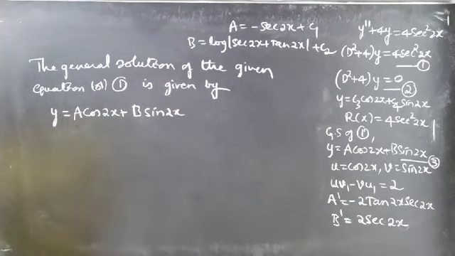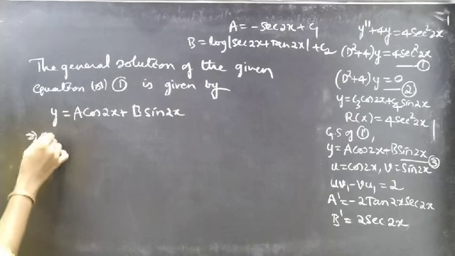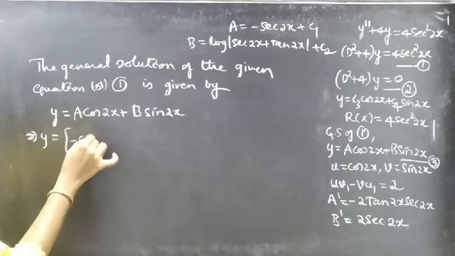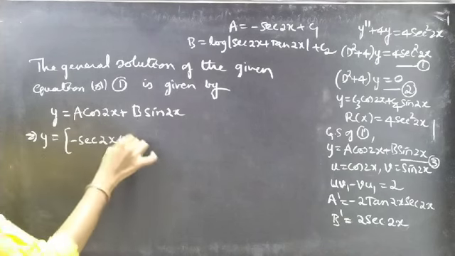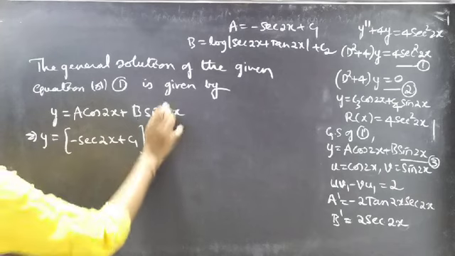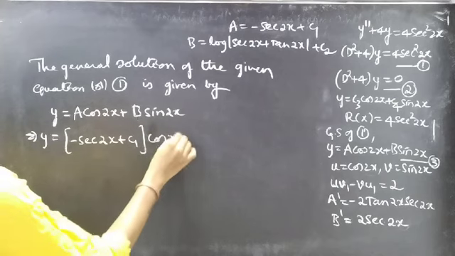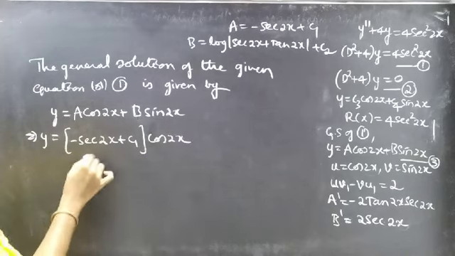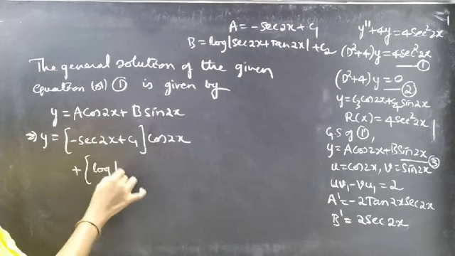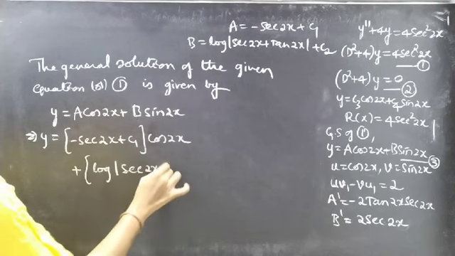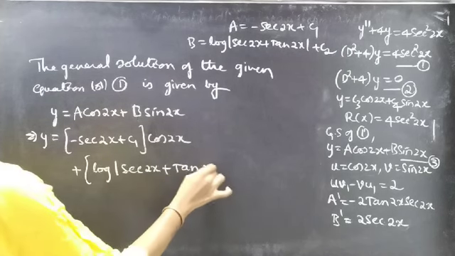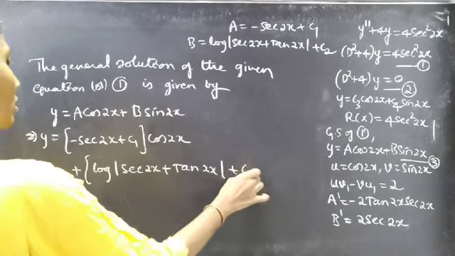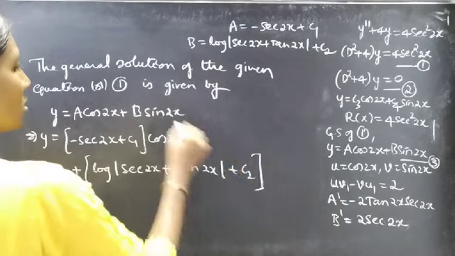Let's now substitute A and B here. We'll get y equal to minus secant 2x plus c1 into cos 2x plus log mod secant 2x plus tan 2x plus c2 into sin 2x.